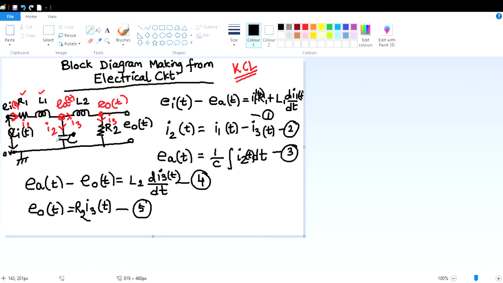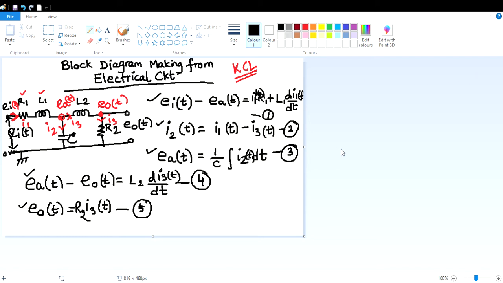Do you think anything is left? No. We have used all the components of the circuit in form of voltage or current. We have used the KCL, used all the branch quantities, and written all the possible equations of each and every branch. Understood?